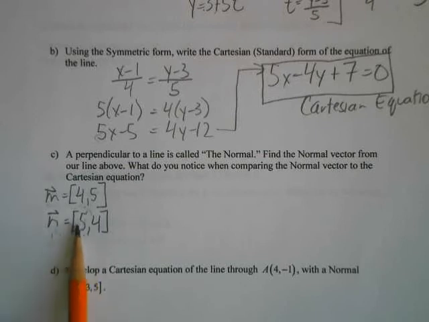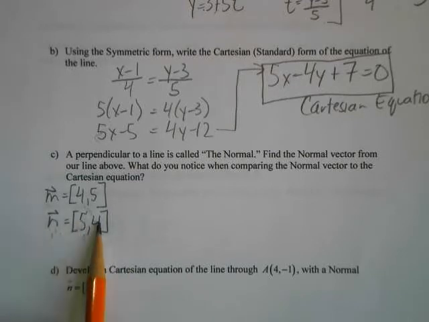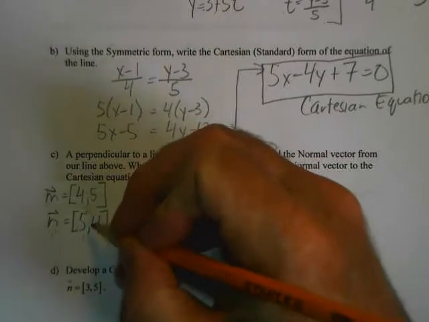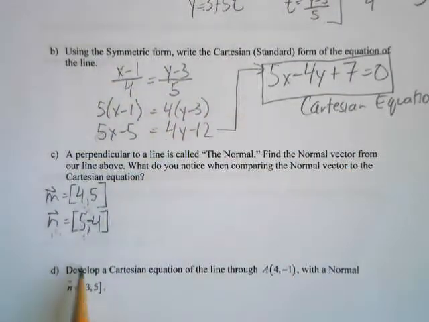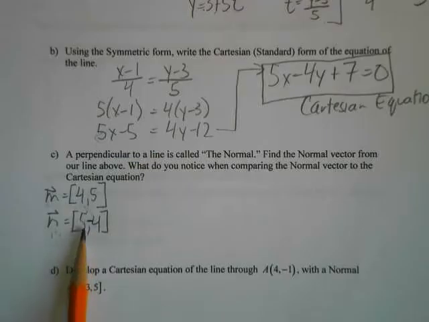So what I do now is flip one of these two signs, not both, just one. You really have your choice here. I could make that -5, keep that as a +4, or I could keep that as a +5 and make that a -4. In our case, and you'll see why in a minute, we're going to try to keep the first component of the normal positive if we can.